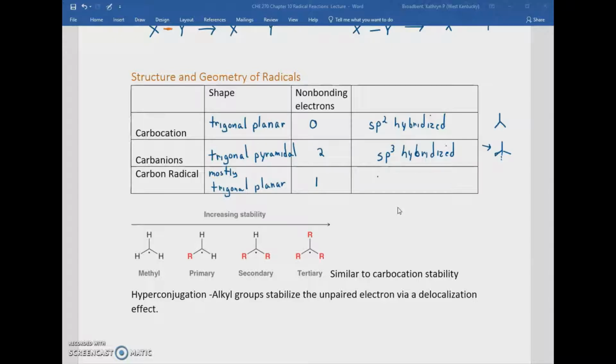So the stability of these free radicals is going to be very similar to the carbocation stability. The methyl is the least stable, primary, secondary, and tertiary increasing in stability. And the reason for this is the alkyl groups stabilize the unpaired electrons via a delocalization effect.